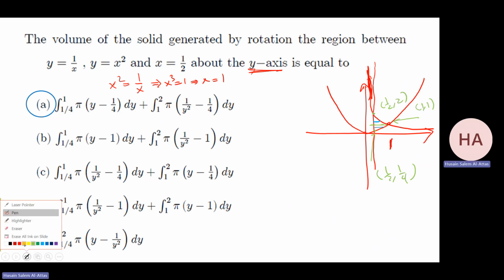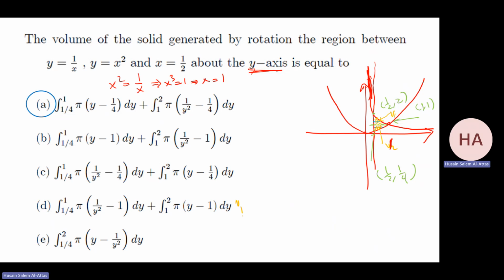Yeah, let me use a different color. This is region 1, and this is region 2. So let me call this V1 and call this V2.